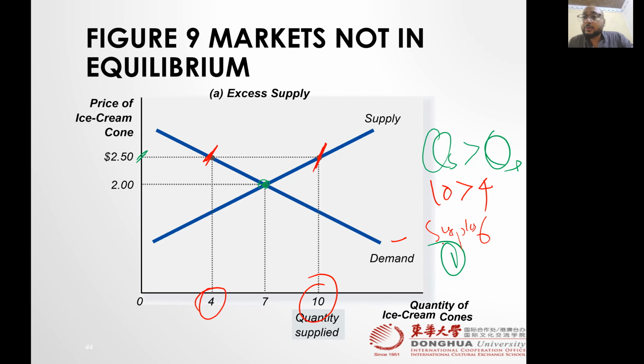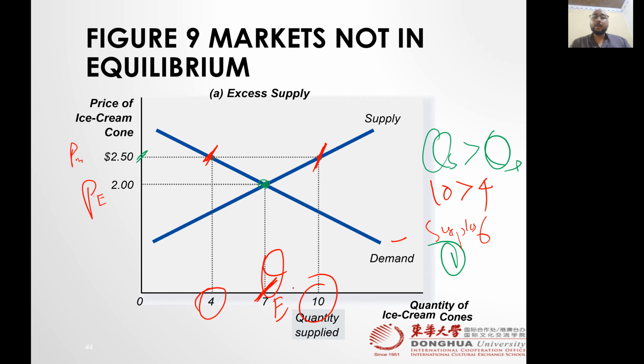There are a number of ways you can find out the surplus. Number 1. This is the market price right now, and this is the equilibrium price. At equilibrium price, quantity demanded is equal to quantity supplied, so we call this QE.